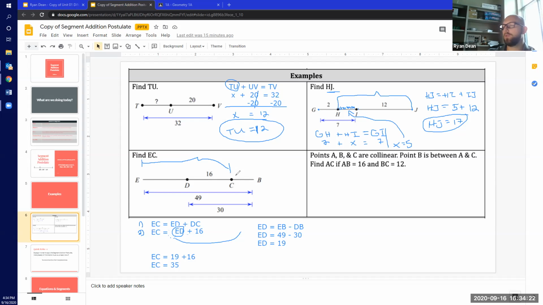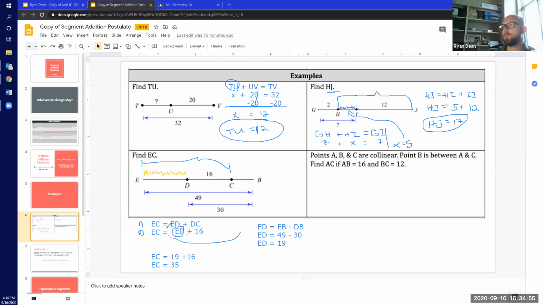Okay, and then all the segments that make this up are E to D, and then D to C. So E to D is all of this, which we don't know, but we do know from D to C, so that's 16. So step one is just writing down this formula: EC is equal to ED plus DC.